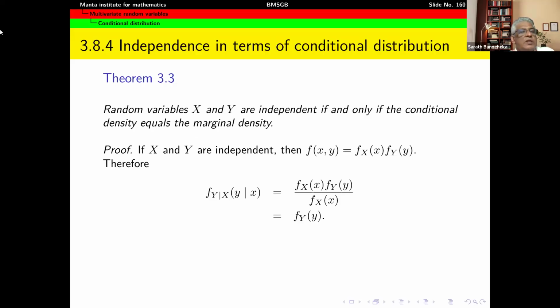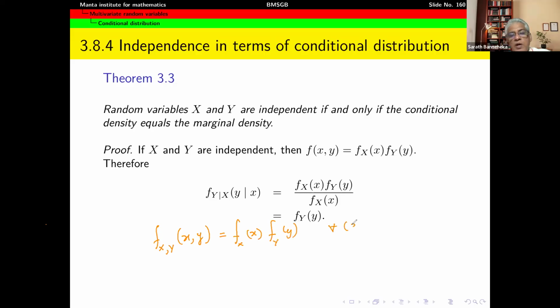We say x and y are independent if and only if the joint density, right? So let me remind you of the previous definition. We say x and y are independent if and only if the joint density function f(x, y) can be written as the product of the marginals, right?